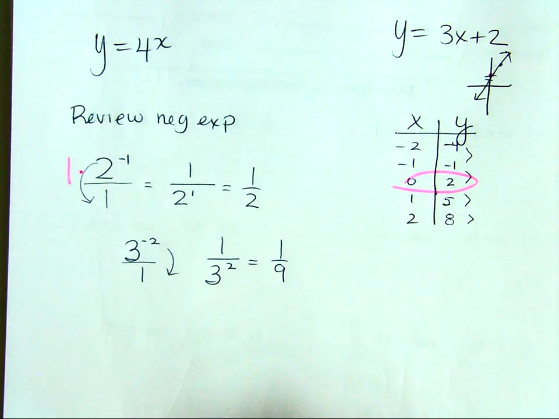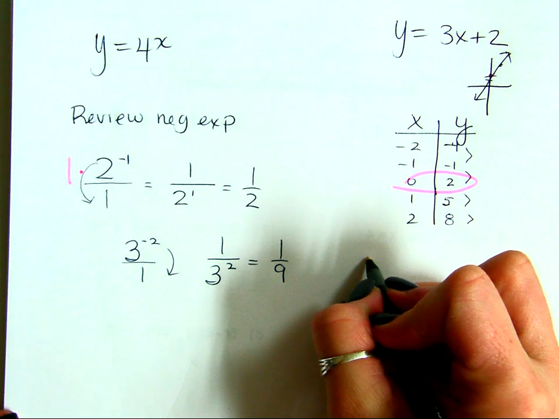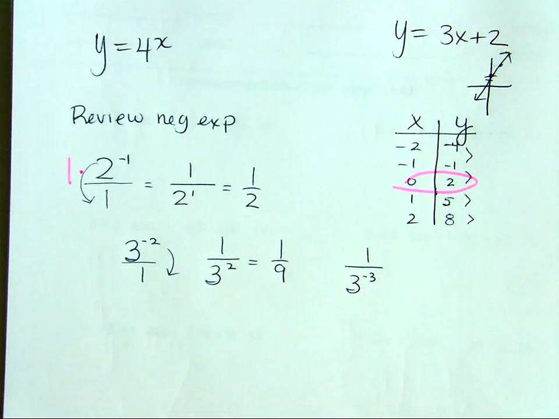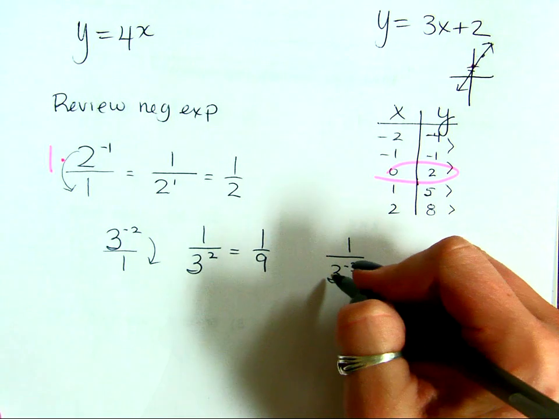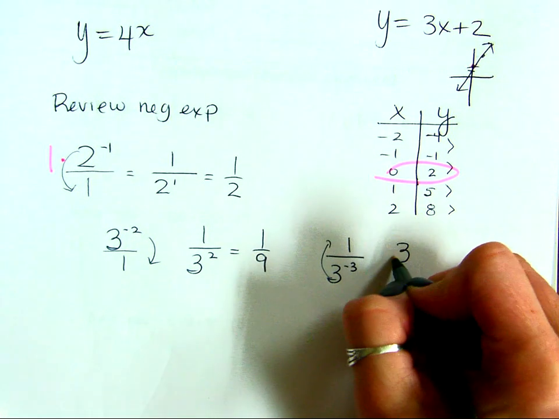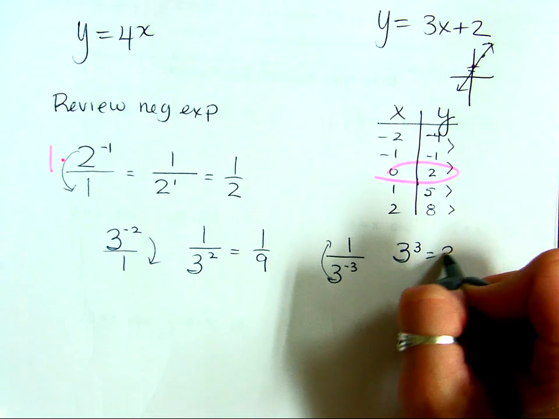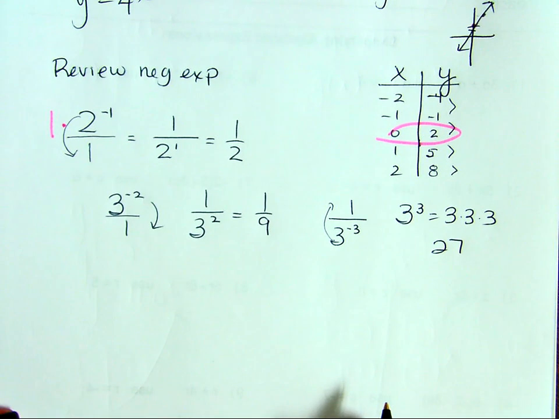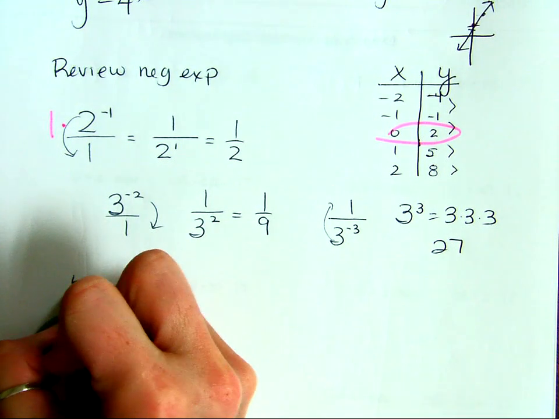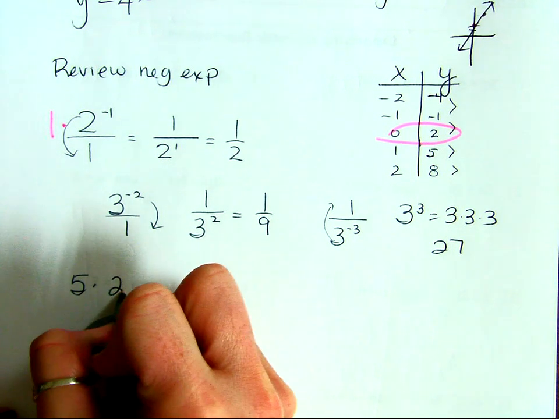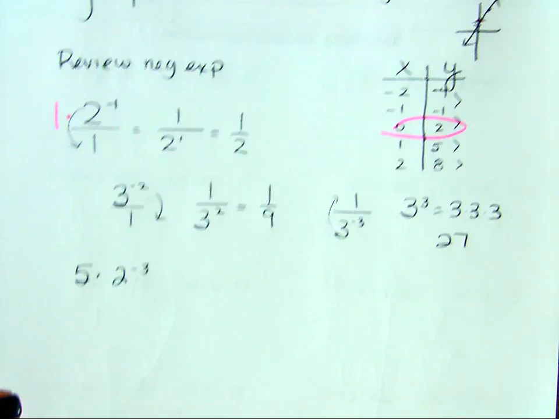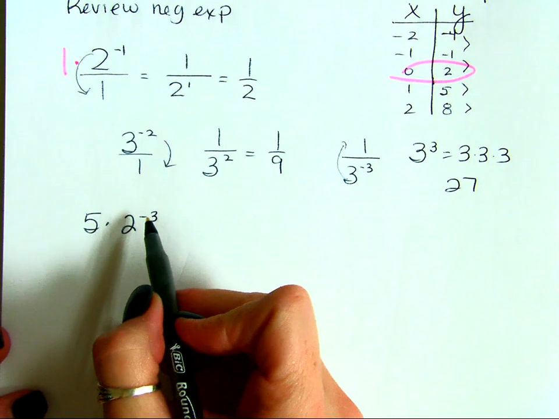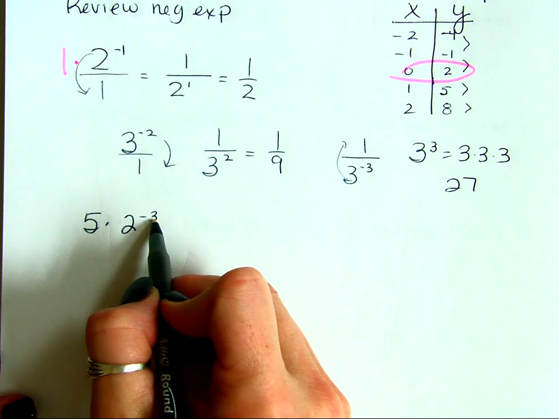So remember, if the negative exponent started in the denominator, then it needs to move to the numerator, which would be 3 to the positive third power, which is the same as 3 times 3 times 3, which is 27. Got it? The other thing to keep in mind is that you will have 5 times 2 to the negative third. This one's a little trickier because the only thing that needs to move is the negative exponent and its base.